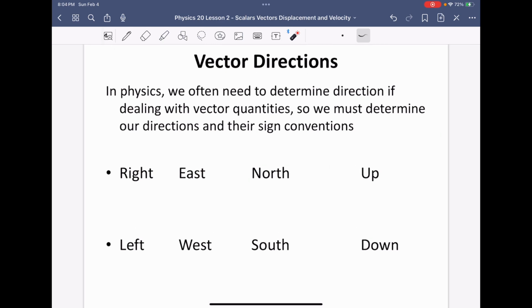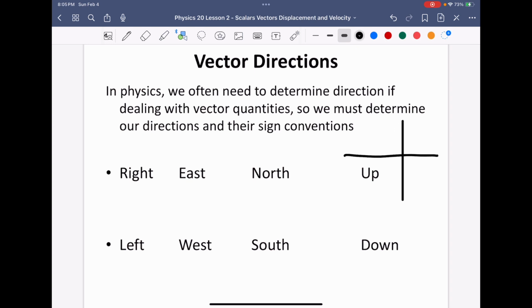All right, now vector directions, just like I alluded to here. If we have all these directions and these arrow diagrams can represent a specific direction, in physics we need to determine the direction by dealing with vector quantities. To determine our directions, we're going to use conventions around the directions, including the signs that go with those. So I'm just going to draw a T up here in black.